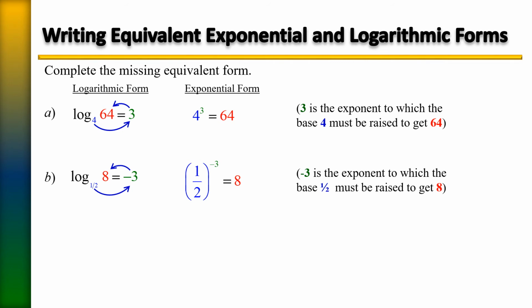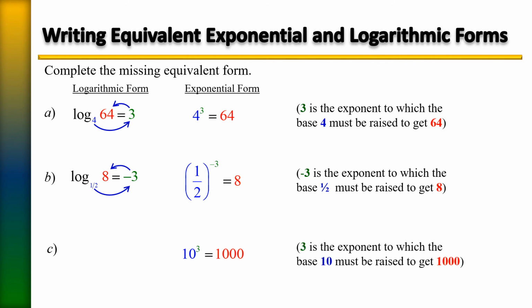Let's do another one. Here we're given the equation in exponential form: 10 cubed equals 1,000. So 10 multiplied 3 times obviously is going to give us 1,000. So write that in logarithmic form.